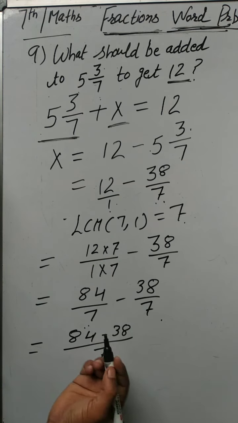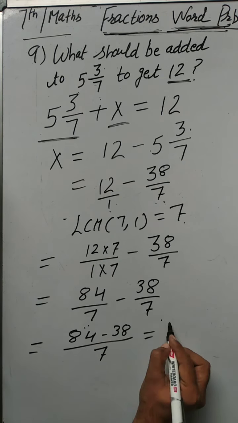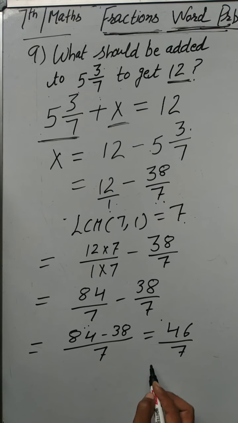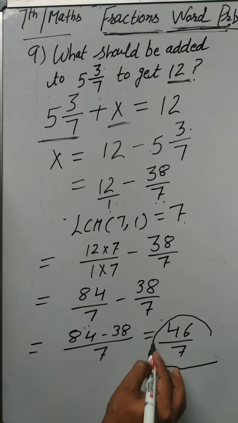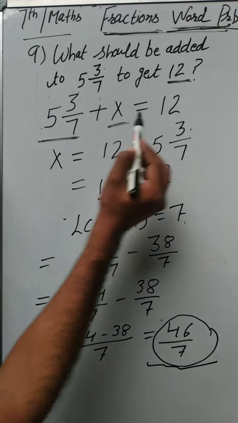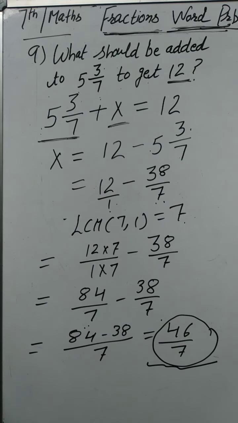And 84 minus 38 is equal to 46. And it becomes 46 upon 7. Understood beta? This is your answer. Means you have to add 46 upon 7 in 5 and 3/7 to get 12. Clear beta? Understood?